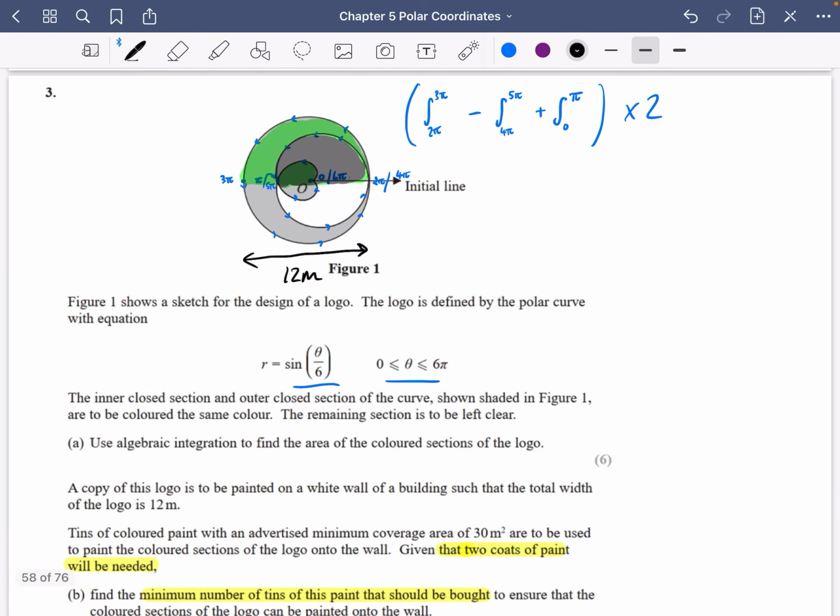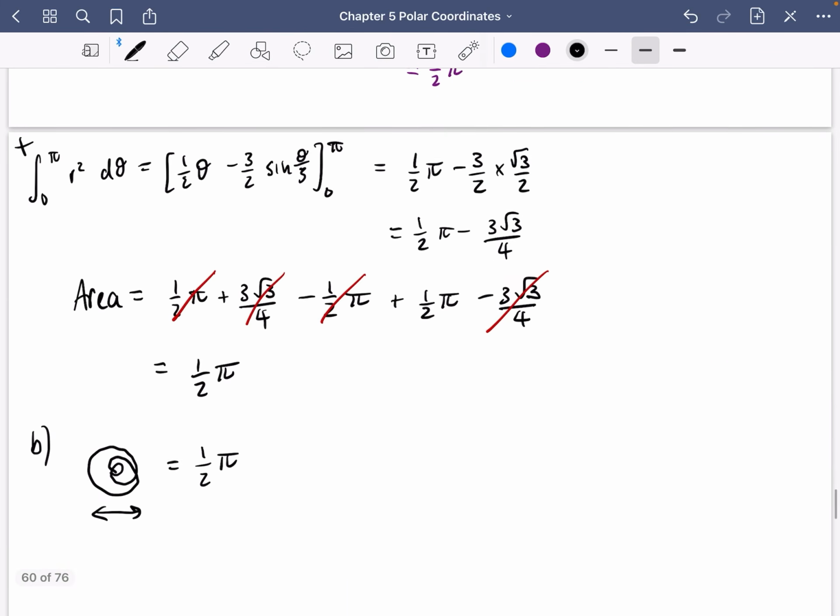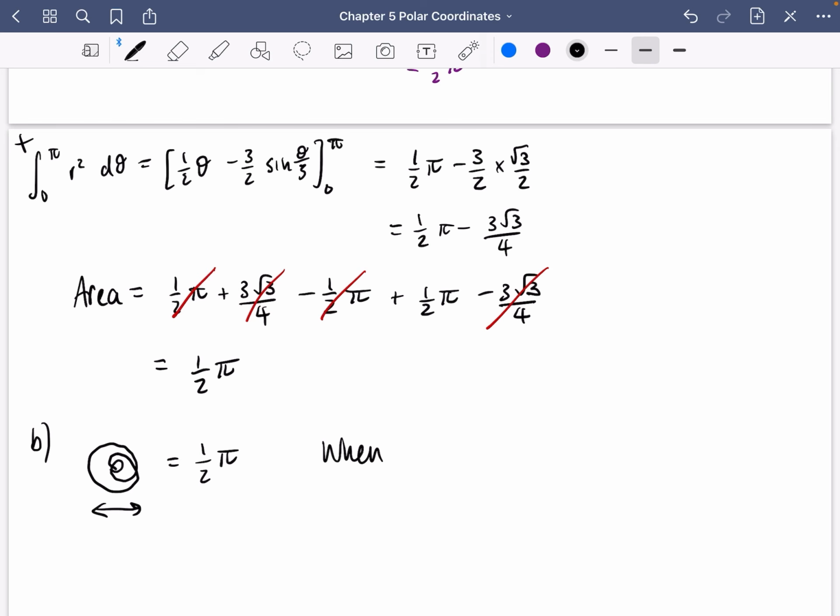We know that the width is going to be subbing in 2 pi and 3 pi to find out the values of r, okay? So when I sub in to my equation, this bit over here is 2 pi, this bit over here is the angle of 3 pi.